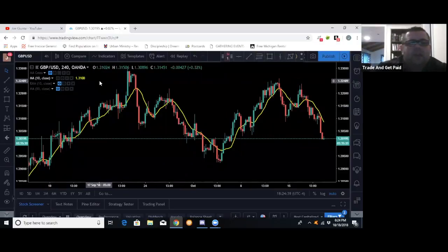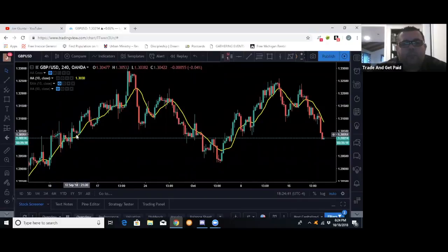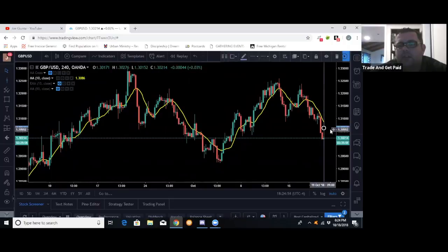A moving average is basically just what it sounds like. It is a moving number that's always going to line up with the end of that last candle. Just like that.